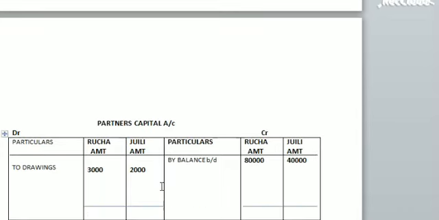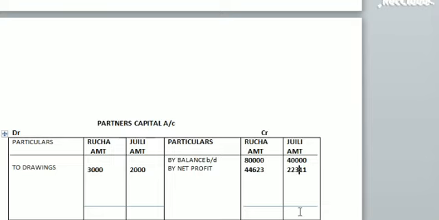So here we are going to write, By Net Profit, and the amount will come here. The net profit amount that we have got here is 44,623, and the second amount is 22,311. Now we will do the total of the credit side.